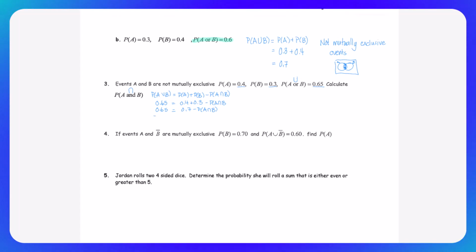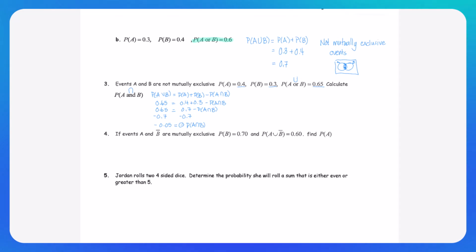Now I'm going to subtract 0.7 from both sides. And this is going to give me a negative 0.05 on this side and negative probability of A intersect B on this side. Now keep in mind, probability can't be negative. So if you ever end up with a negative, look over here.